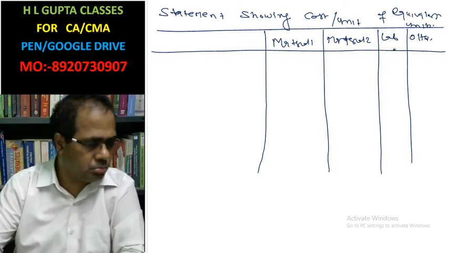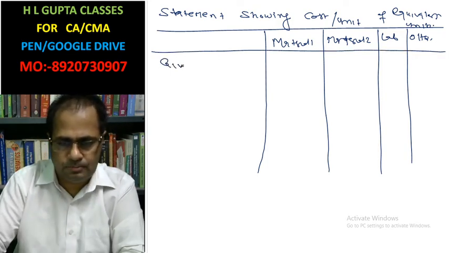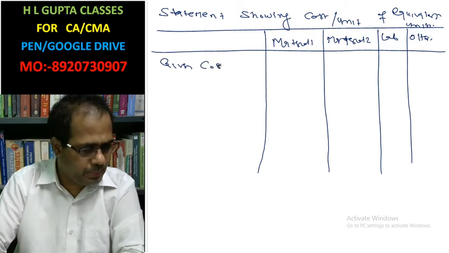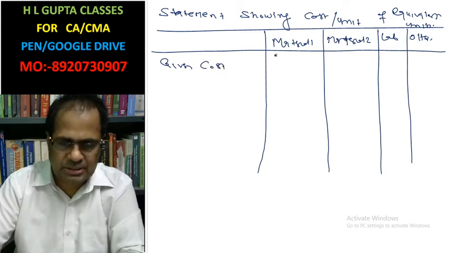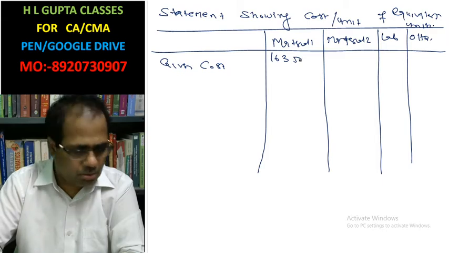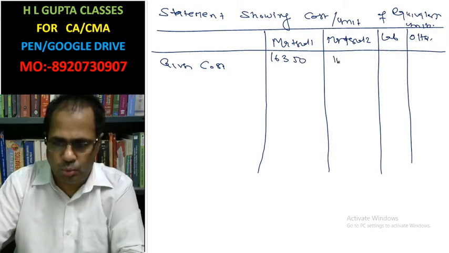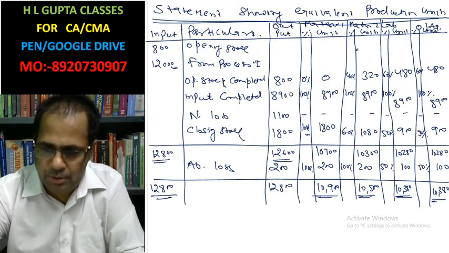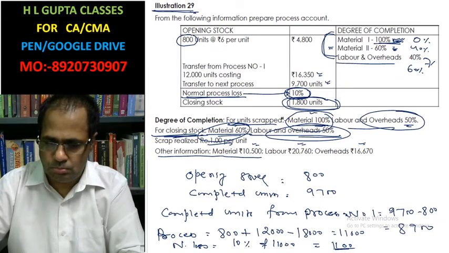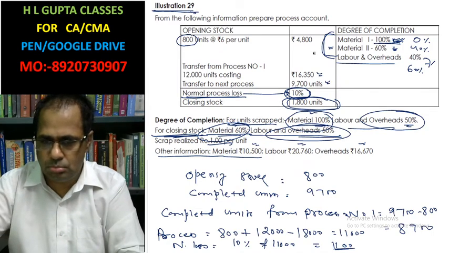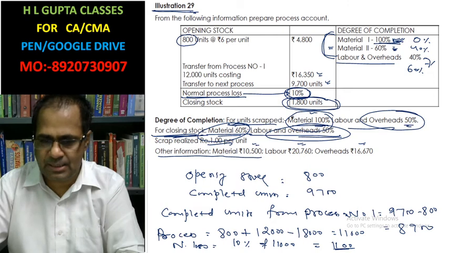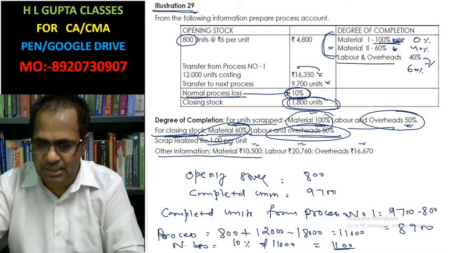Material 2 given cost 16,350, 10,500 given costs are there. This is 16,000, this is 16,350.